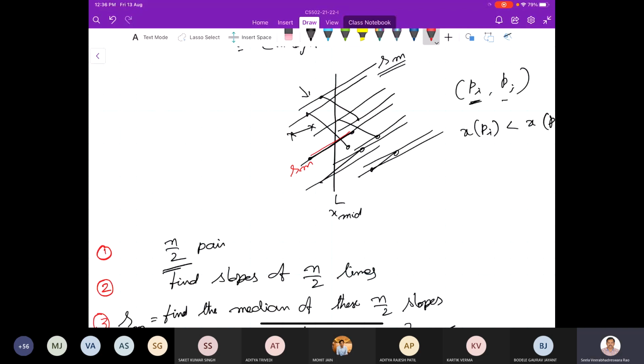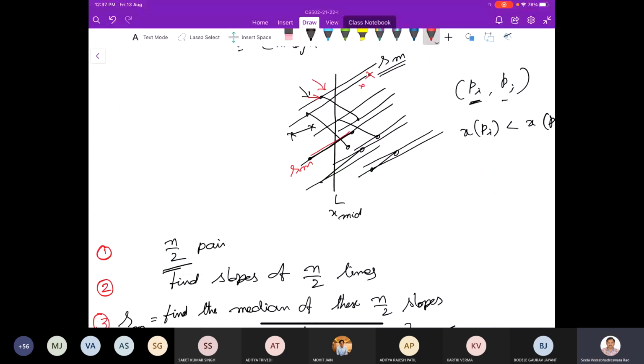See, there could be a point something like this also, which may be above this point. There could be a point here which may be above this one, but we are not interested in that point. We are only finding a supporting line to this convex hull, which is parallel to this median slope. There could be any number of points which are above this one. But we are finding this particular one here.